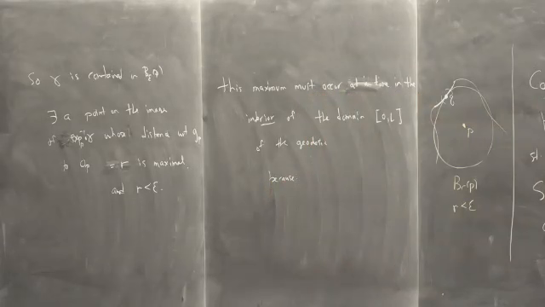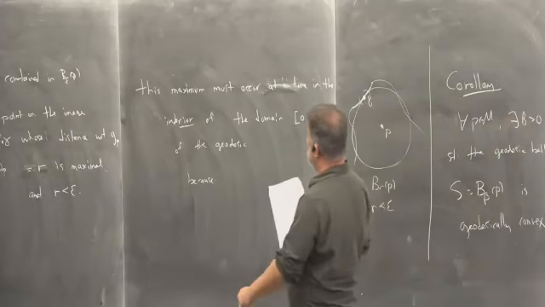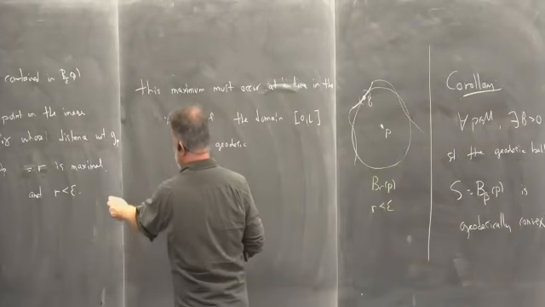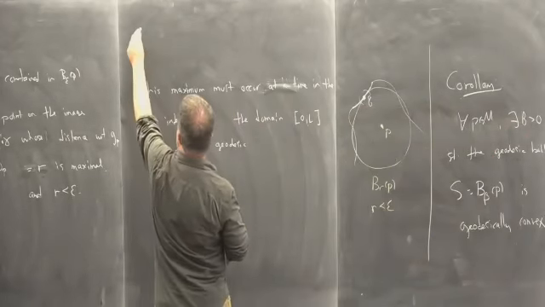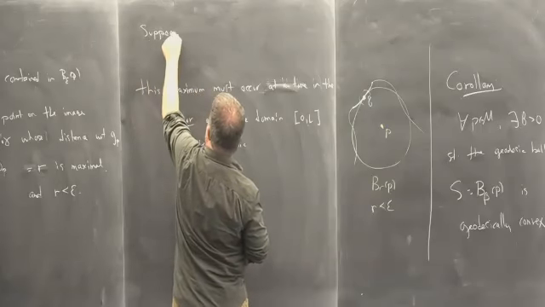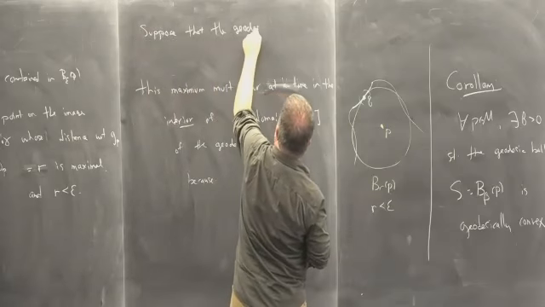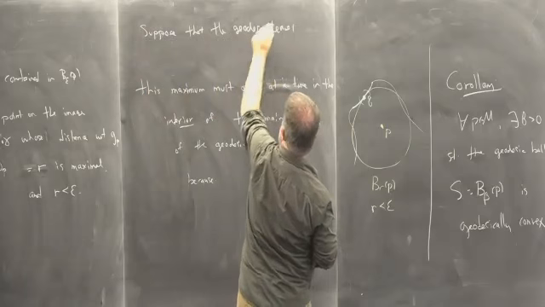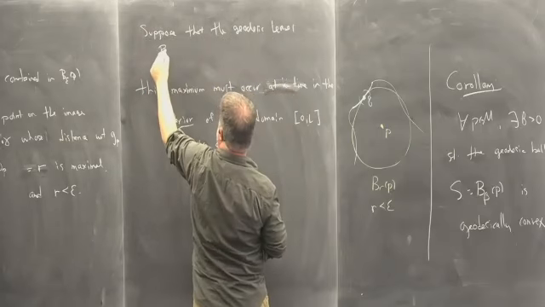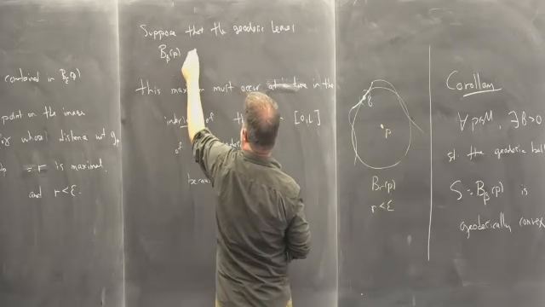Sorry, that's true. Okay, this is true. Before writing this, let me say now, suppose that the geodesic leaves B beta of p, okay?